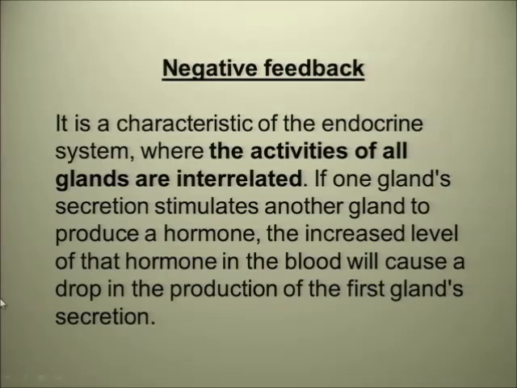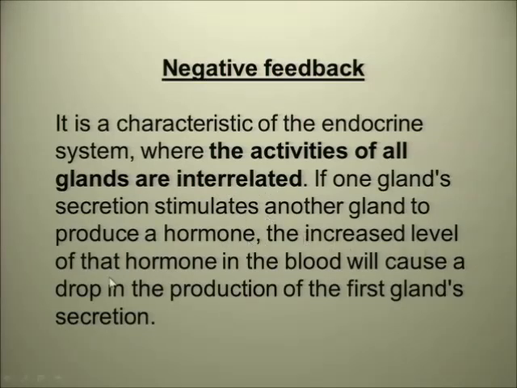What is negative feedback? The activities of all the glands are interrelated with one another. One gland's secretion stimulates another gland to produce a hormone, and this hormone goes to the other gland and stimulates it.